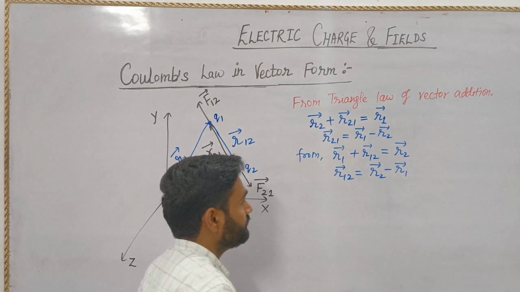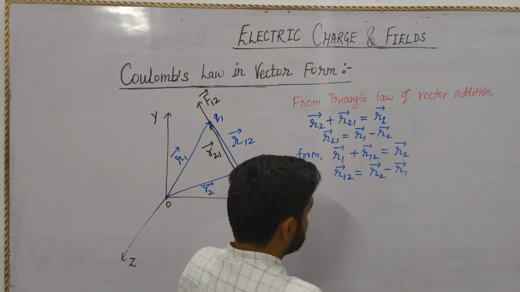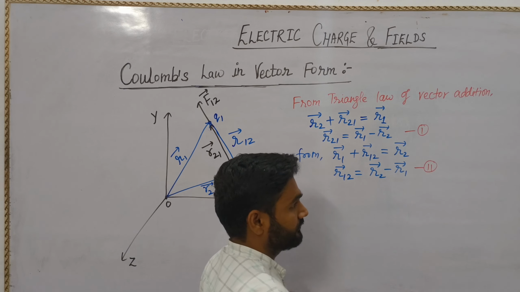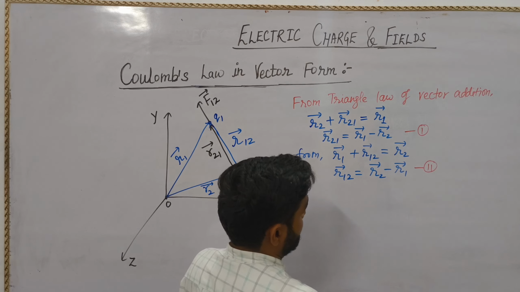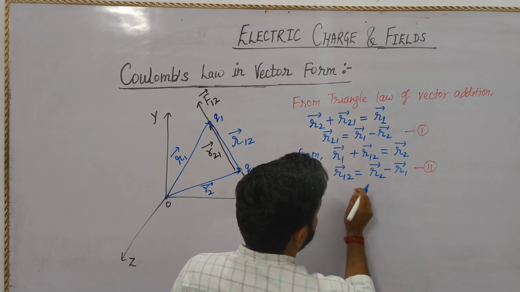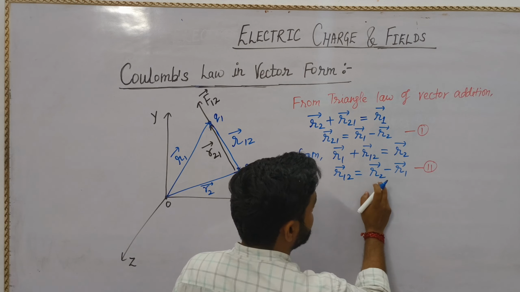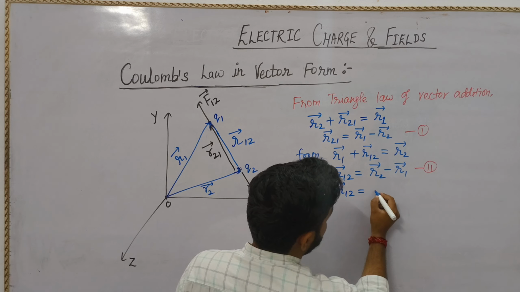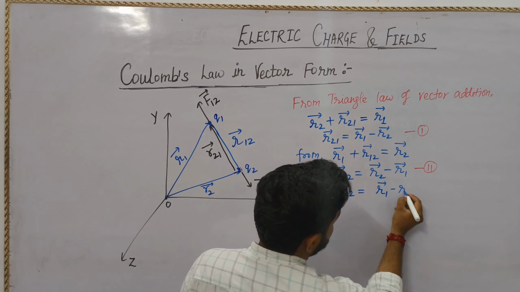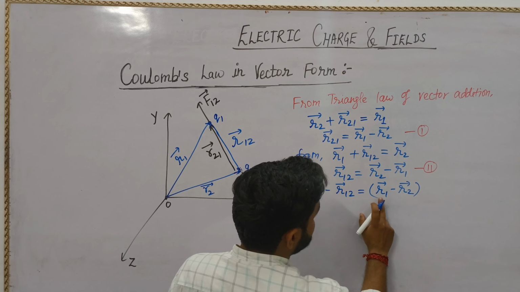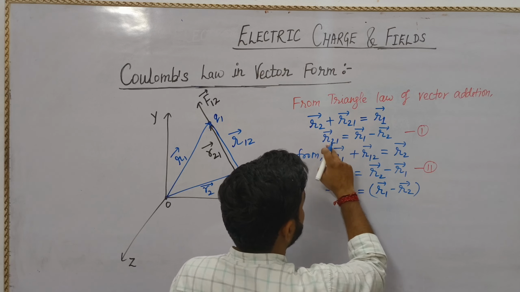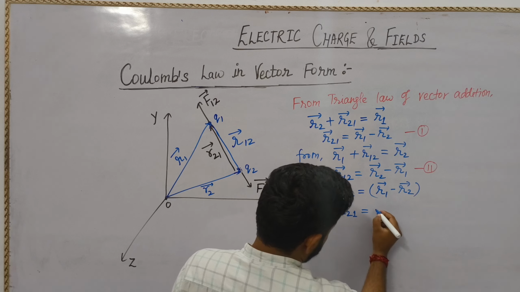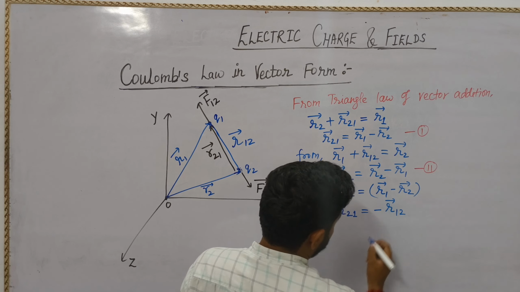Now if we see this equation and this equation, then if we take the common negative sign, we can write R21 vector is equal to R1 vector minus R2 vector. So we can write R21 vector is equal to minus of R12 vector.